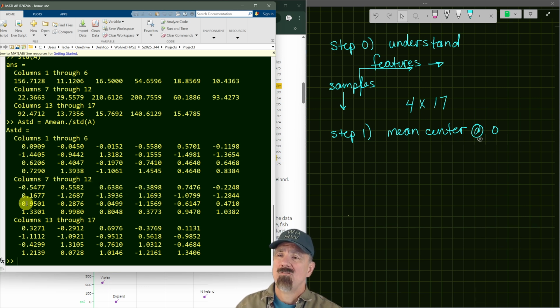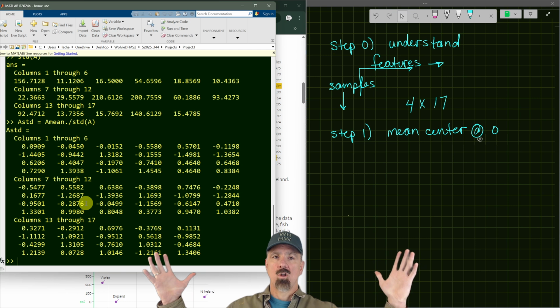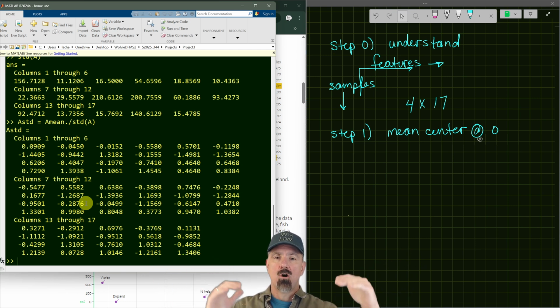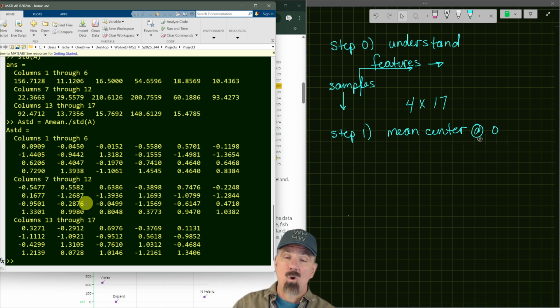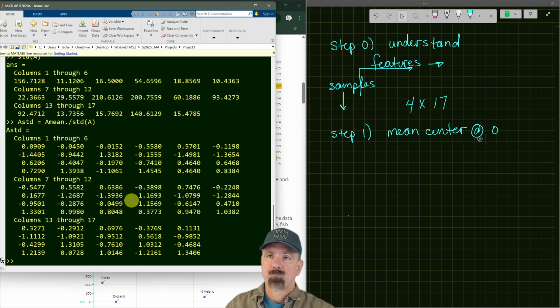And now we've brought all of the large variations down so that all of the categories are equalized. And we'll talk about why we would perhaps want to do that or not want to do that. We're going to start without that. We're just going to look at the mean centered data.